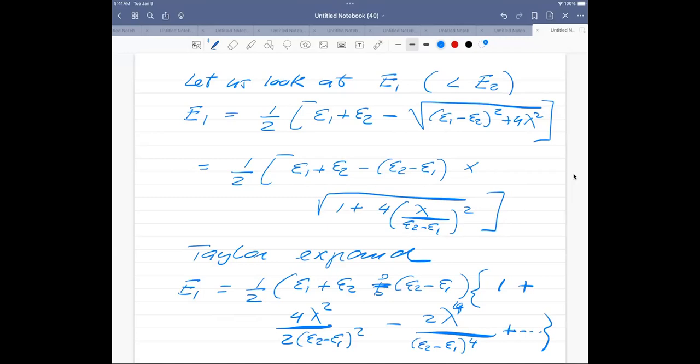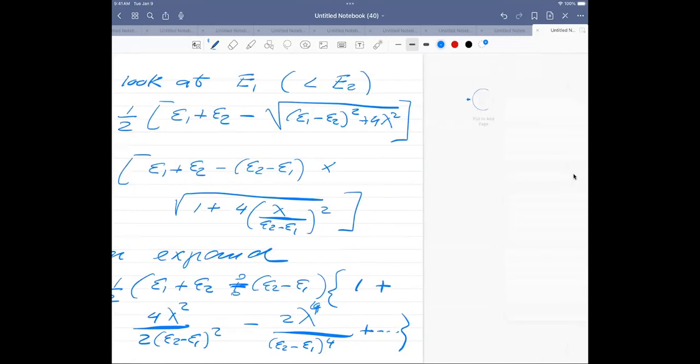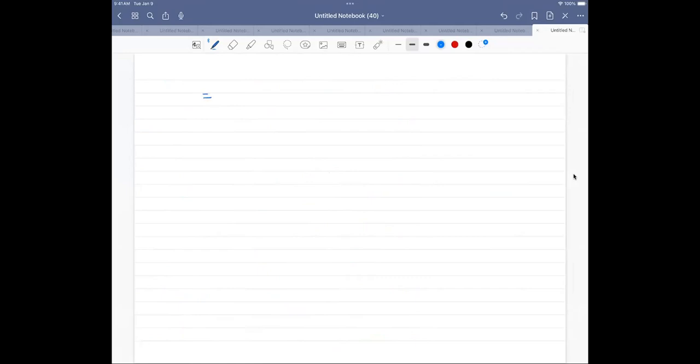And now you see immediately why I wrote it like epsilon2 minus epsilon1, because then when I take the first term, this simplifies simply to epsilon1 minus lambda squared over epsilon2 minus epsilon1, plus lambda to the power of 4 over epsilon2 minus epsilon1 to the power of 3.